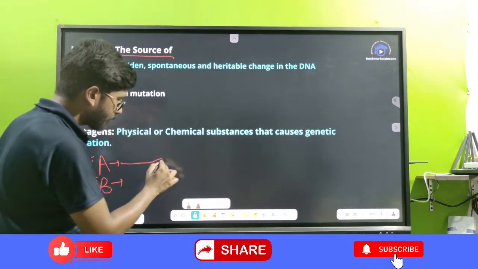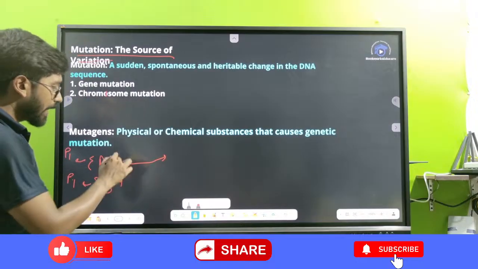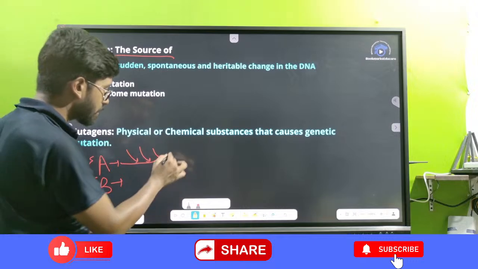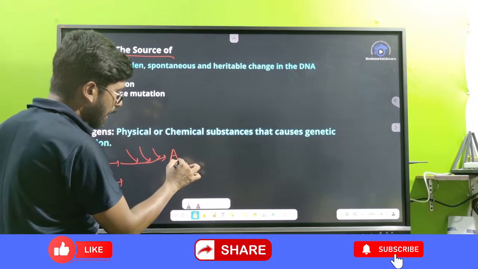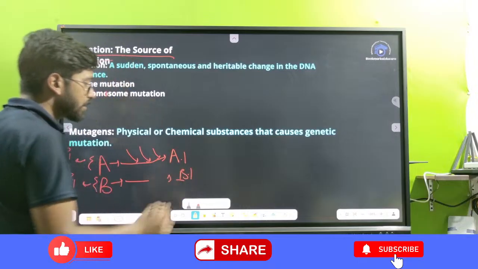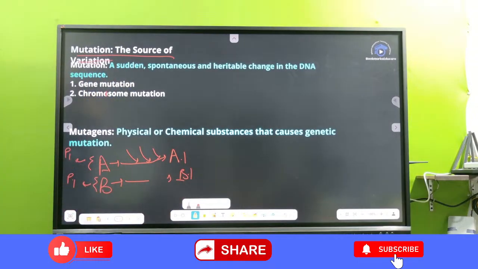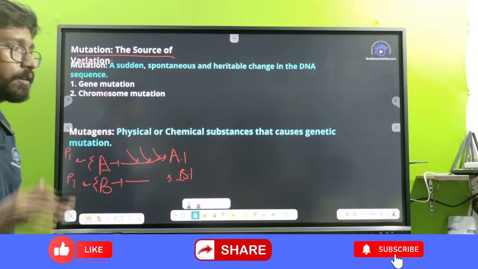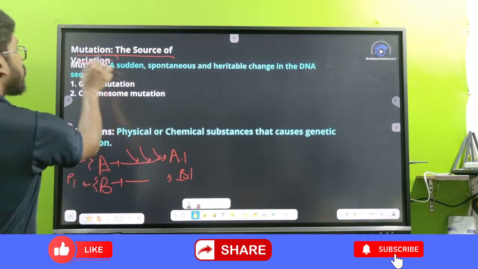Through our life, by living and getting exposed to various environmental and genetic factors, we became A.1 or B.1. That means not major things change, but minute changes happen throughout our life, in our body, in our gene itself. If that happens, that is what causes variation.